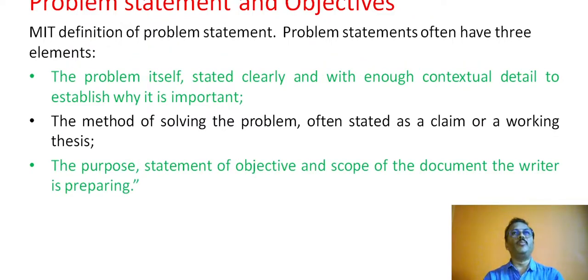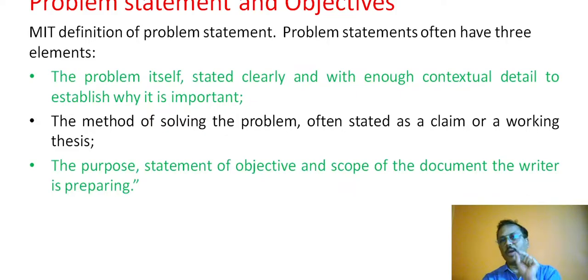Problem statement and objectives. These are the most important part, and 80% of the people don't state them clearly. So remember, problem statement is a statement. Refer to the dictionary for the meaning of statement.